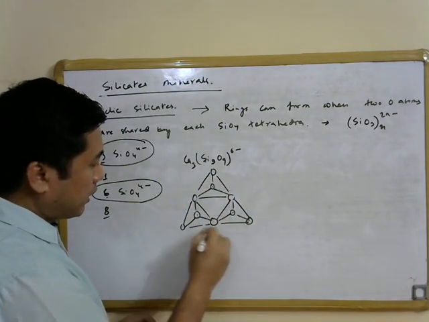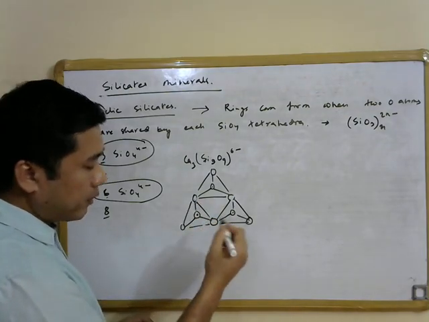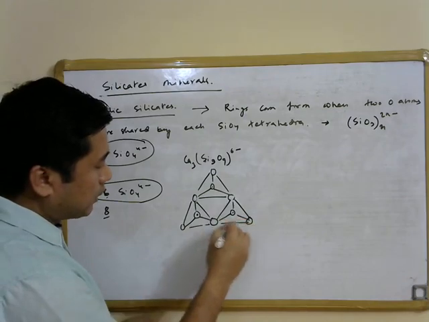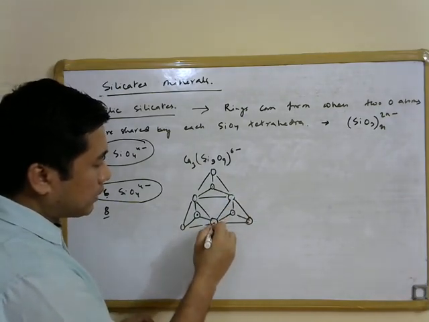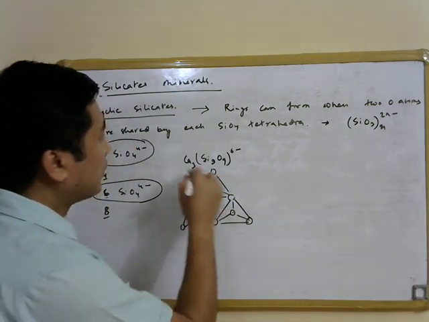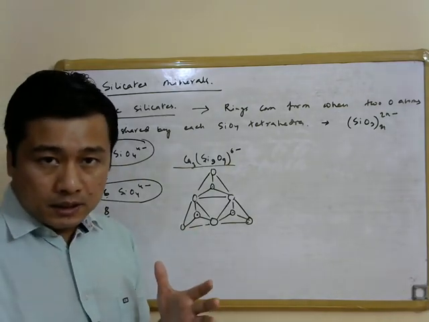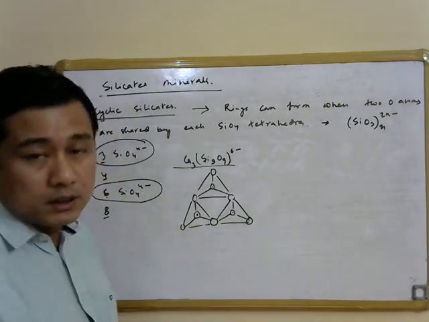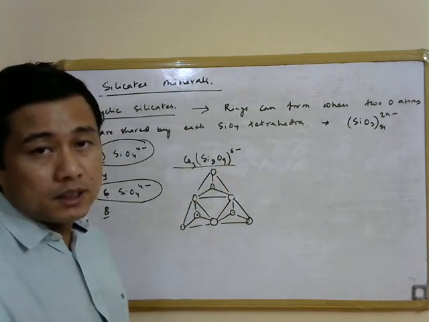Similarly, for this particular SiO4 unit, these two oxygen atoms are shared with neighboring SiO4 units, as well as for this particular SiO4 unit, it shares this oxygen atom as well as this oxygen atom with neighboring SiO4 units, and that is how this Si3O9 6 negative cyclic silicate structure is formed.